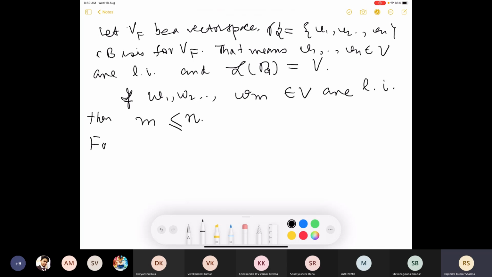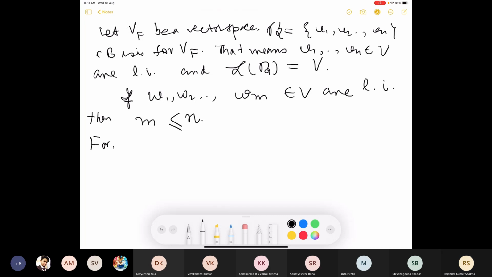Now for this, what we see is that because V is spanned by V1, V2, up to Vn, every vector in V is in the linear span of V1, V2, up to Vn. In particular, each Wi also is a linear combination of V1, V2, up to Vn.